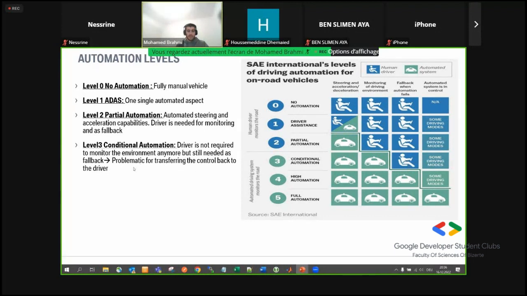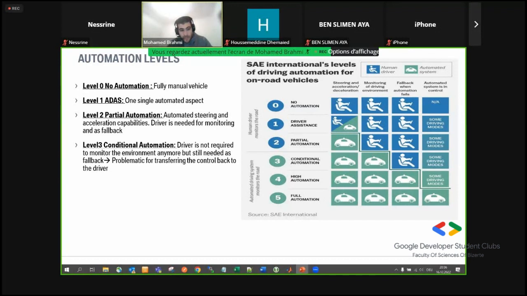And this is the problem in this definition, because how can you expect the driver not to pay attention, but on the other side ask him to take over the control immediately? This is not possible, because if the driver is distracted or doing something else, he needs some time in order to understand the environment and then to be able to control the vehicle.